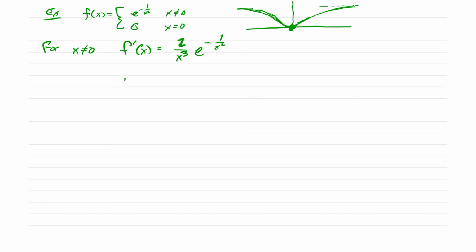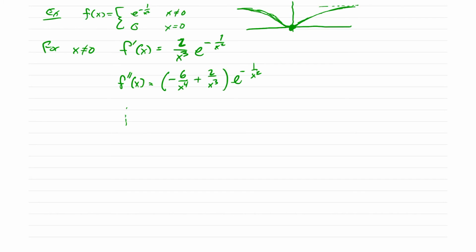We can again take two derivatives, and we get a product rule coming out here. It's going to be minus 6 over x to the 4th times e to the minus 1 over x squared, plus 2 over x cubed times e to the minus 1 over x squared, and so forth. So if x isn't 0, these are the sort of things we're going to get.